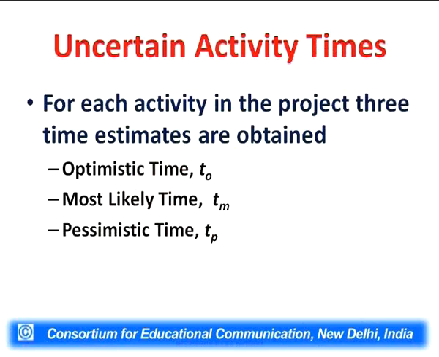Optimistic time is the shortest time which the activity takes. And pessimistic time is when all the things go wrong, whatever time we take to complete the project. And these are shown by TO, TM and TP.